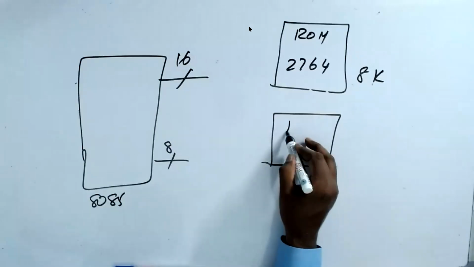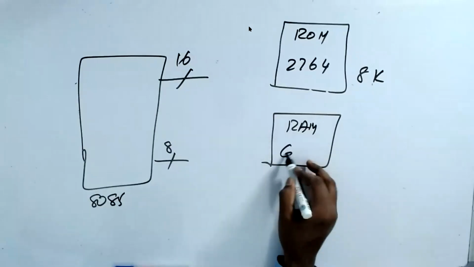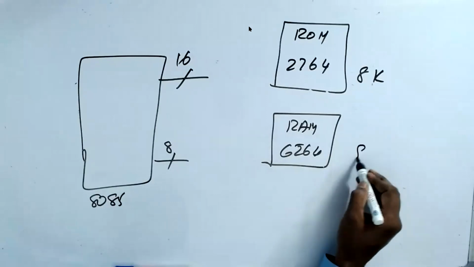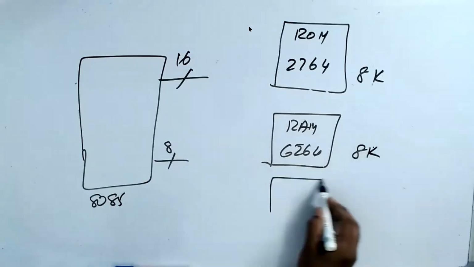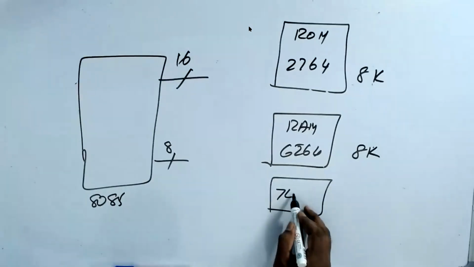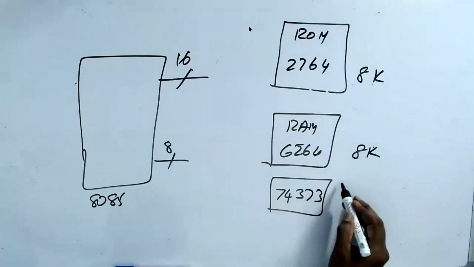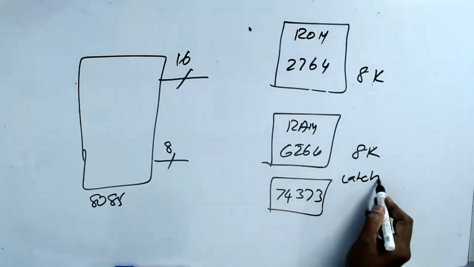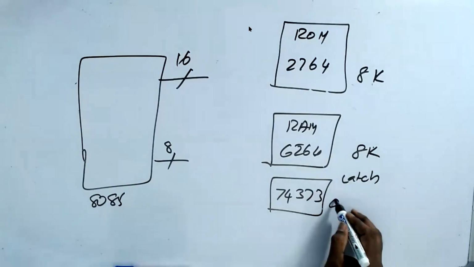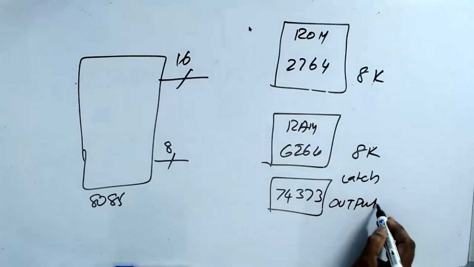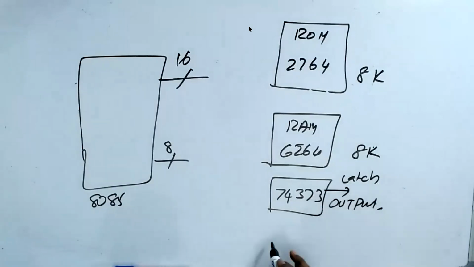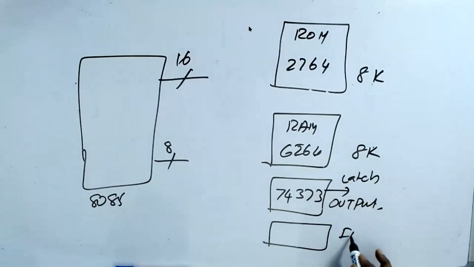Then I have a RAM, 6264. This is 8K. I have a chip called 74373, that's a latch output. I have a tri-state buffer input, 74125.